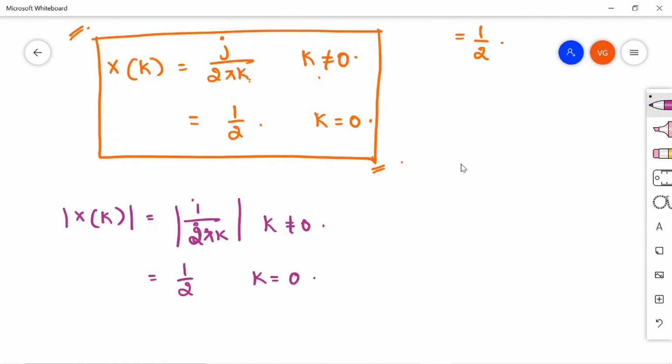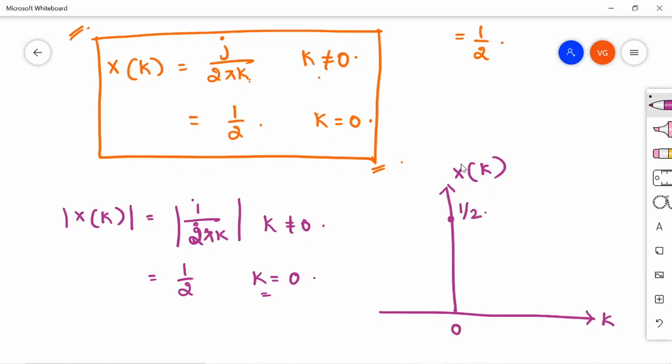Now let us try to draw the magnitude spectra here. So k here, x of k here. When k is equal to 0, magnitude is half, 1 by 2, right? Now put k equal to 1. When k is equal to 1 or minus 1, you will get 1 by 2 pi.